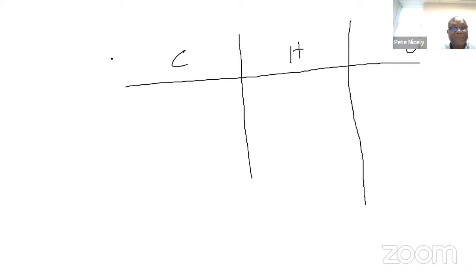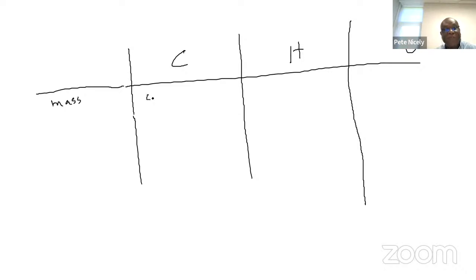The first row, of course, would contain your masses. And again, we use the percentages as the masses. So in the case of carbon, that would be 45.27%. I'm sorry, grams.